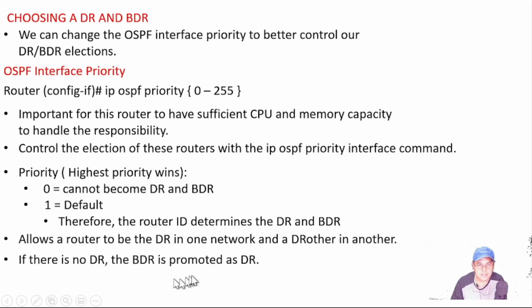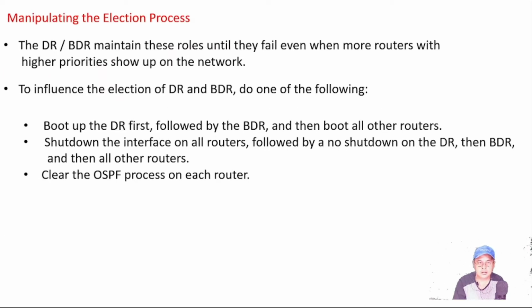If there is no DR, the BDR is promoted as DR. That is the actual theoretical basis for electing a DR. If the DR fails, automatically the BDR will assume the responsibility of the DR. Manipulating the election process means you are manually controlling the election by manually configuring the router to be the DR. The DR and BDR maintain the roles until they fail, even when more routers with a higher priority show up on the network. This is the important concept here.